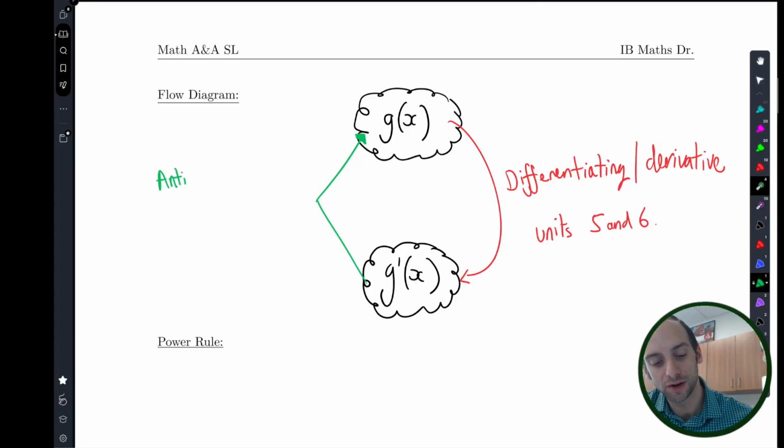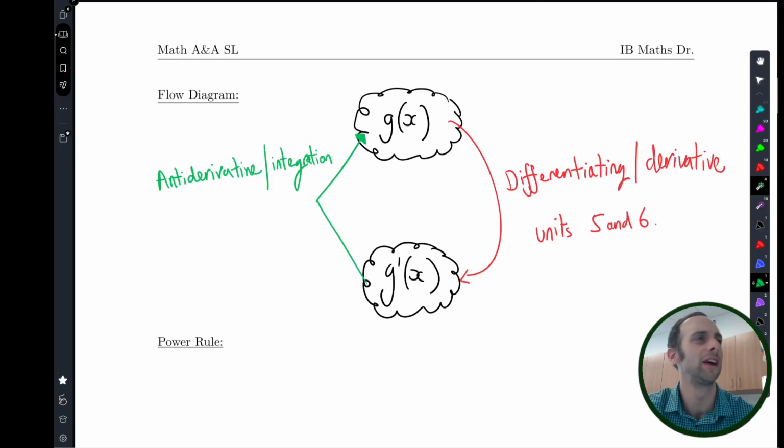That process is called finding an antiderivative, or it can also be referred to as integrating, or integration. Okay? So we will look at multiple ways to integrate and what that does for us in units 7 and 8.